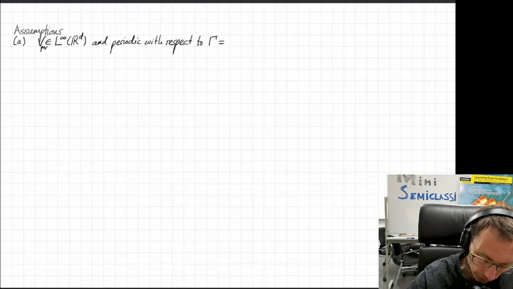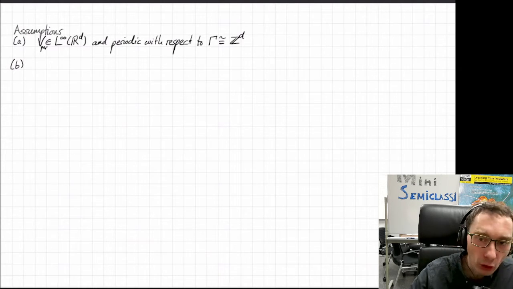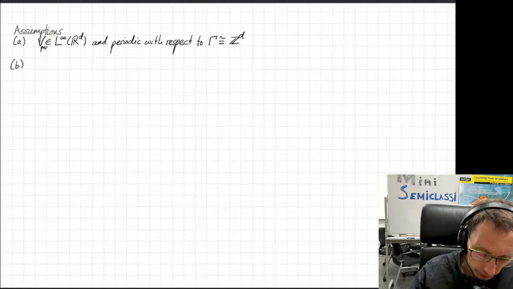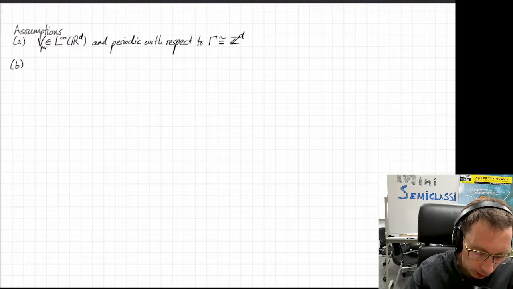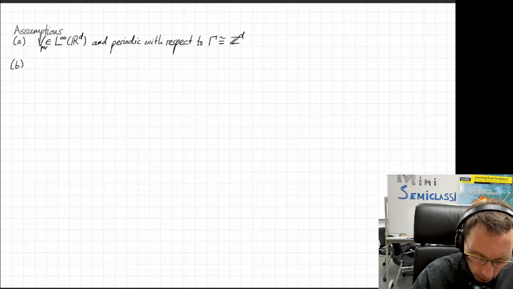And of course, gamma is assumed to have the full dimensionality of the space. I'm not claiming that any or all of these assumptions are optimal, but these are assumptions where I know that the theorem holds true.